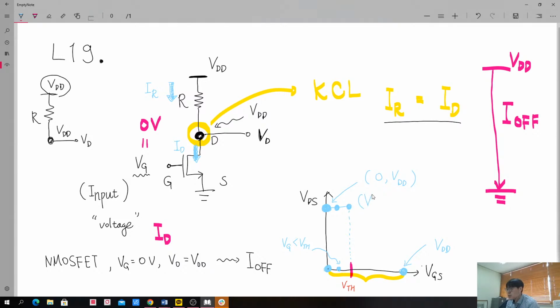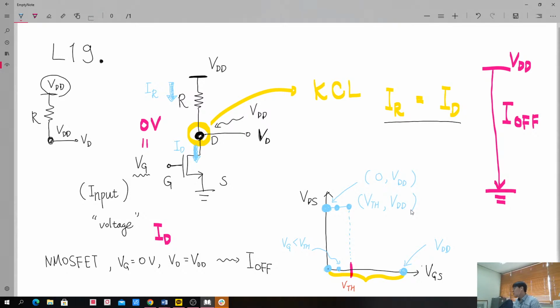So now we can say that even when we have VTH as a gate bias, the transistor is just ready to turn on. However, it has almost no carrier up to now, so the current would be quite small, and we still have VDD.